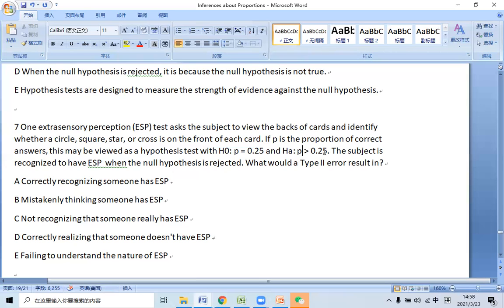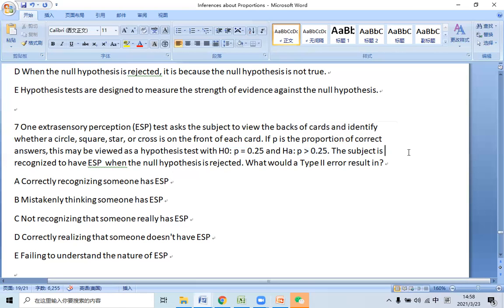The alternative hypothesis is kind of weak, more weak than the null hypothesis. The null hypothesis is very precise, equal to 0.25. That is guessing, the guess rate.